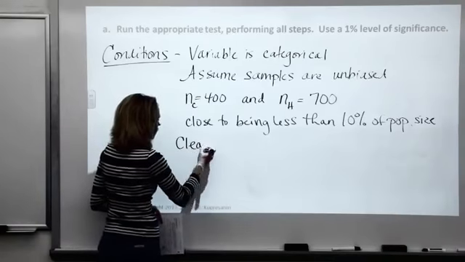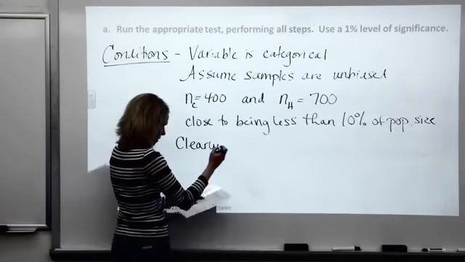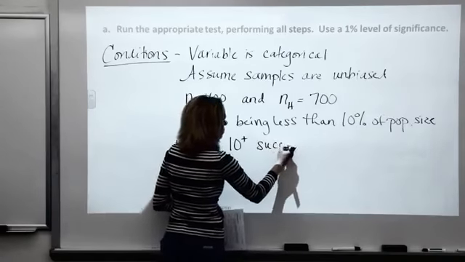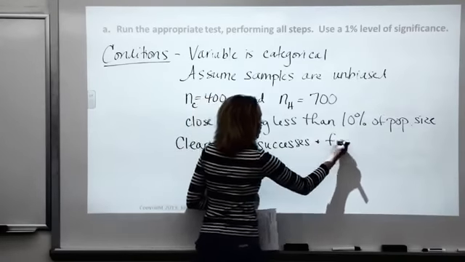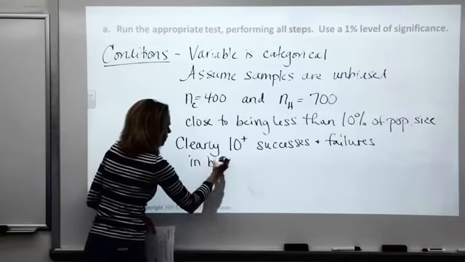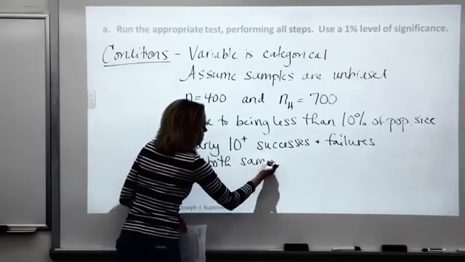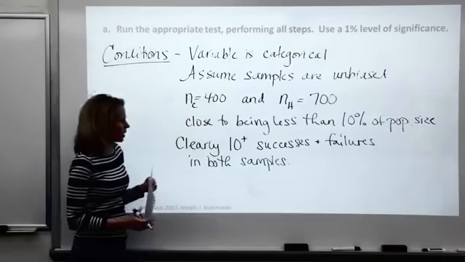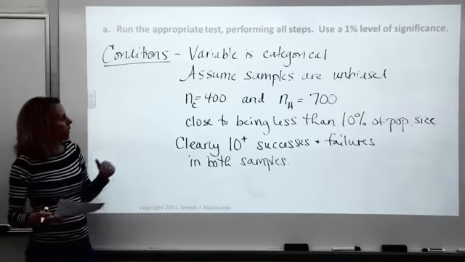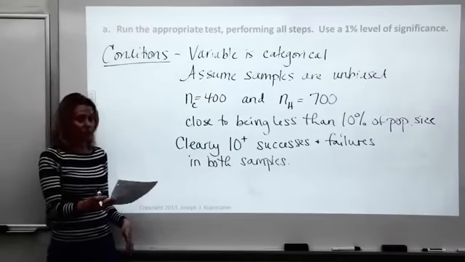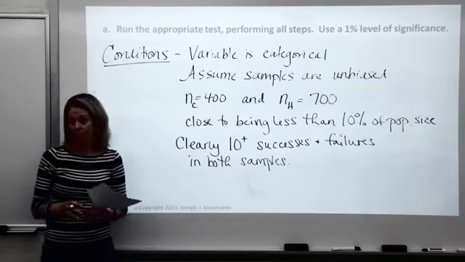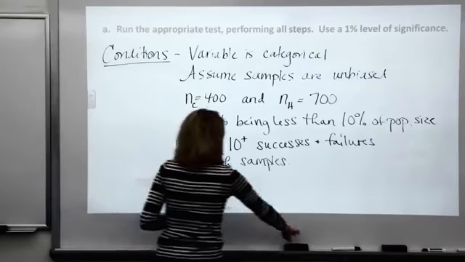So clearly there are 10 or more successes and failures in both samples. Not even close there on that one. So it looks like conditions are met, and we can go ahead and conduct our test. The next thing we'll do is compute our z-test statistic. So let me erase this.